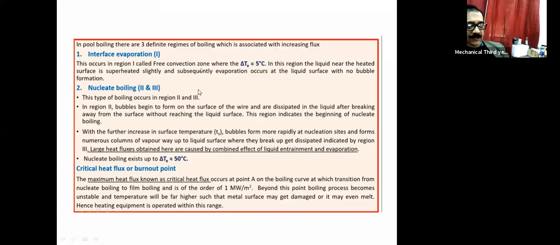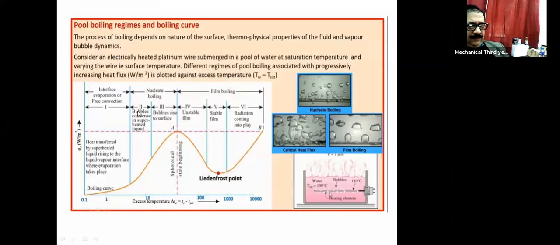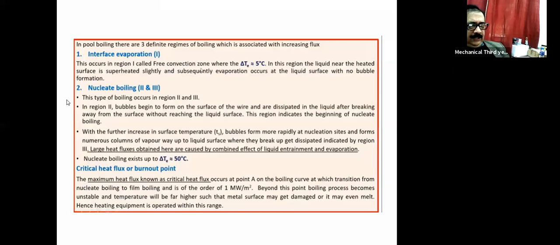Nucleate boiling occurs in regions 2 and 3; they have divided it in this way. In region 2, bubbles begin to form on the surface of the wall and dissipate into the liquid.